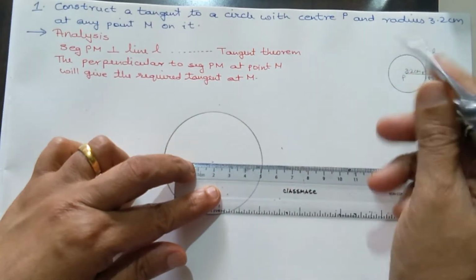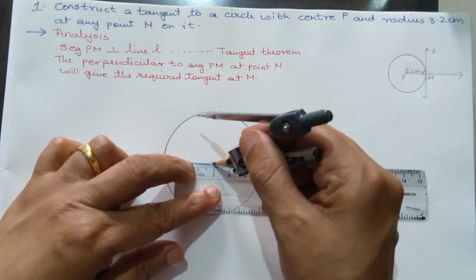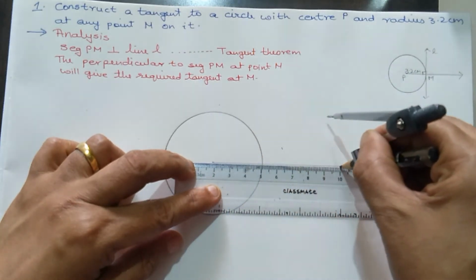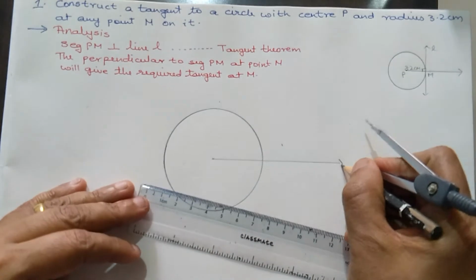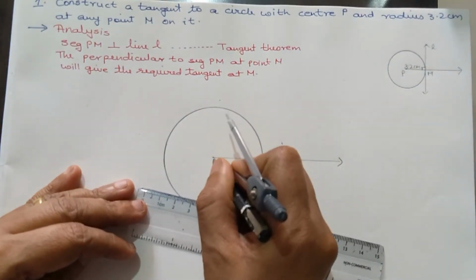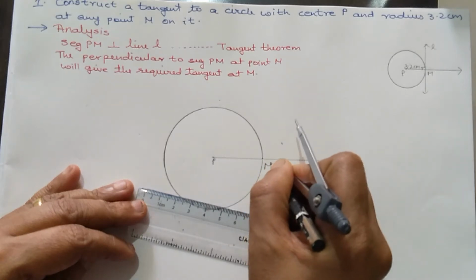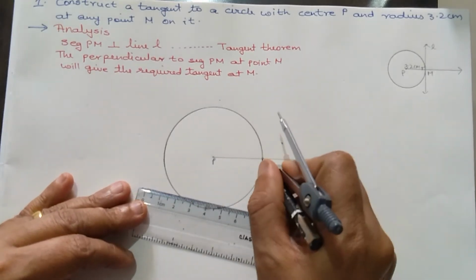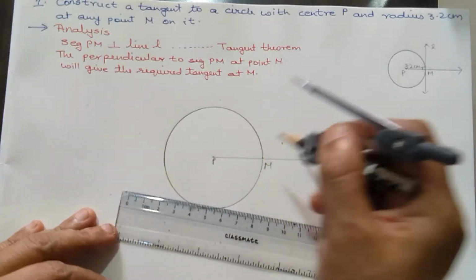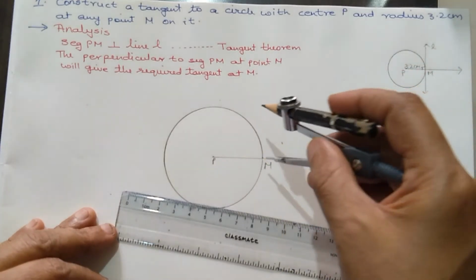And from P, this is your center P, from P you will draw a ray PM. So this is your P and point M, we have to take it on the circle. So we will take on the ray PM, the point M, and from M now we have to draw a tangent perpendicular to PM.